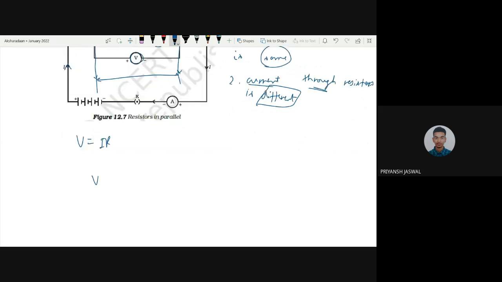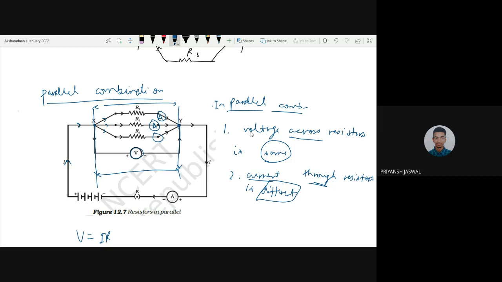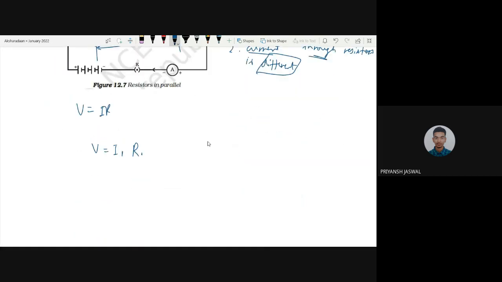V equals, say, I1 is the current through R1. So this current is I1. It goes through R1 and comes back here. I2 and I3. So we have this node.